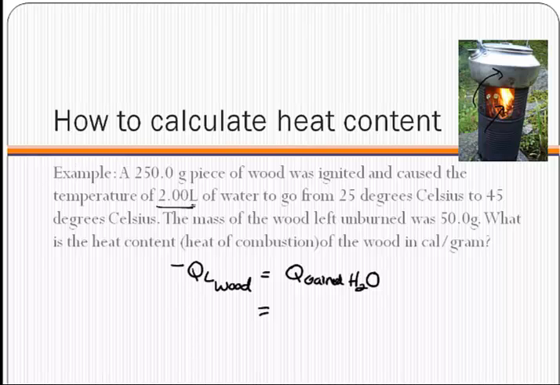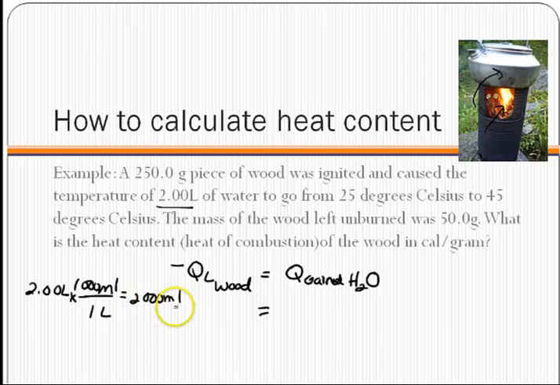If I have 2 liters of water, I can find out exactly how many mL I have. So I could go from liters to mL, and 1 liter is 1,000 mL, so this would equal 2,000 mL. And because the density of water is 1 gram per mL, if I have 2,000 mL, then I would have 2,000 grams.